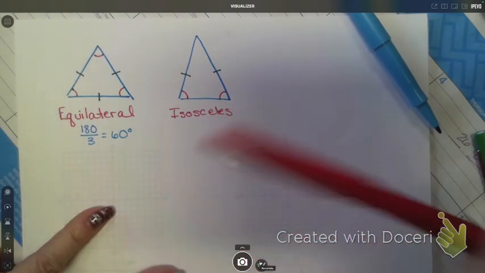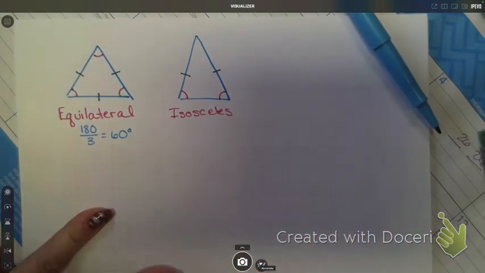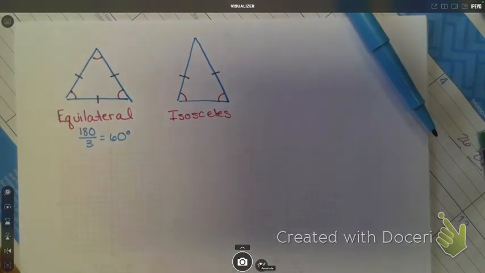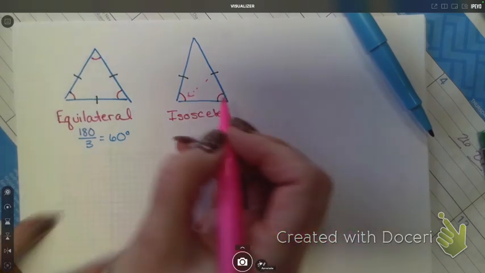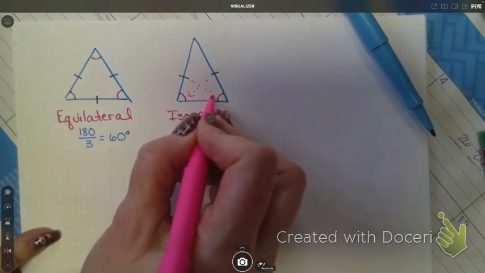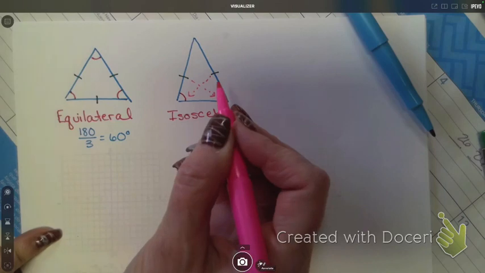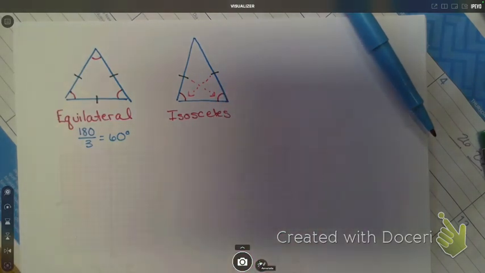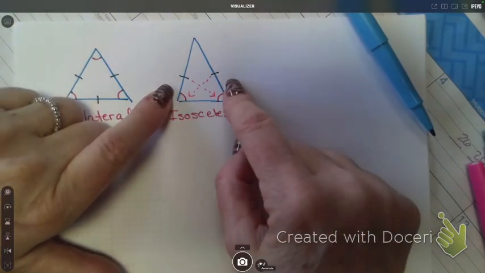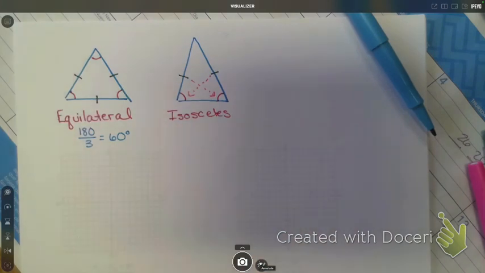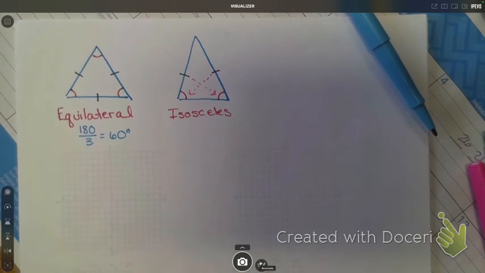And the angles across from the congruent sides are also what? Equal. Congruent. Objects are congruent, lengths are equal. Does everyone get that? So I don't have a length, so I can't say equal, but I can say congruent. Do the words basically mean the same? Yes, but objects are congruent, actual measurements are equal.